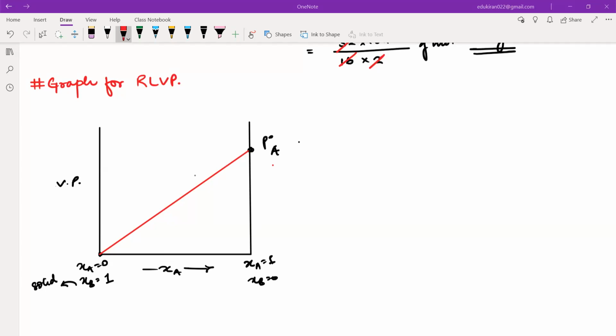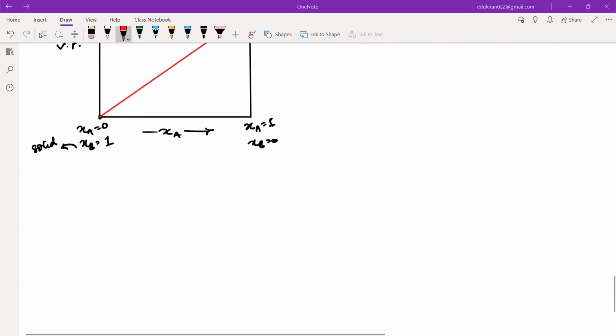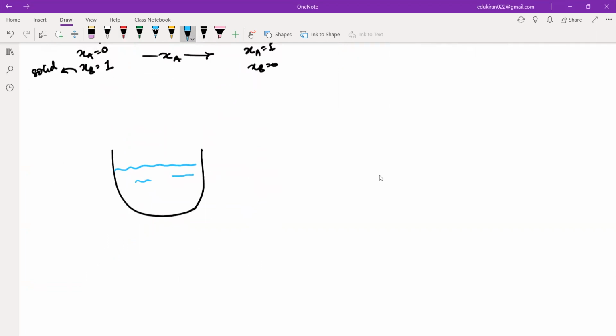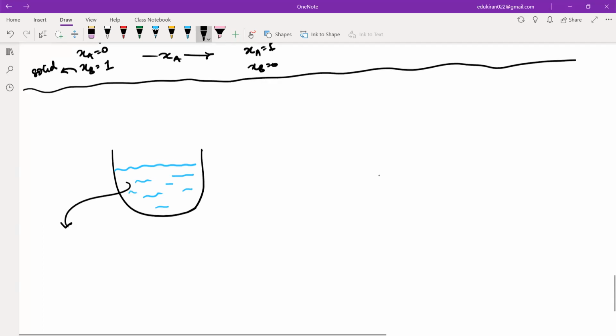Now, let us suppose we have a container. In this, we have only pure solvent. What do we have in this container, Saf? Liquid water, pure solvent.